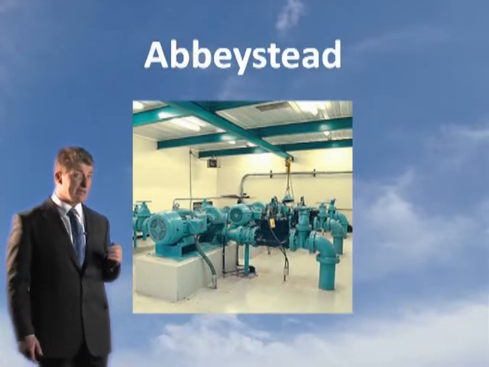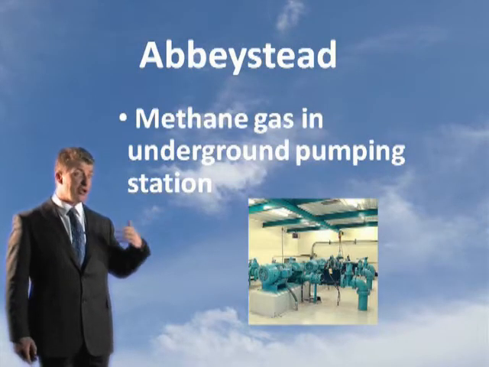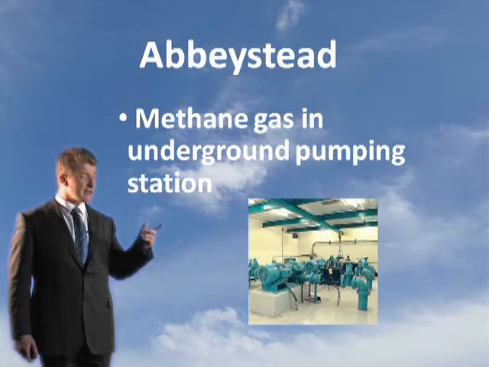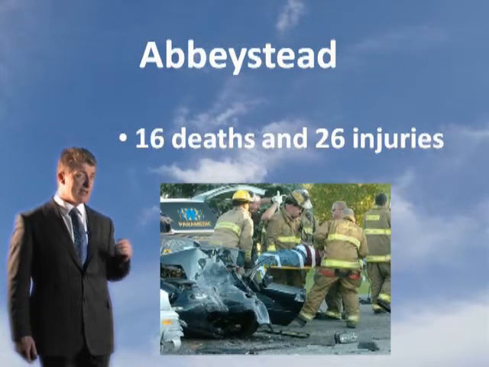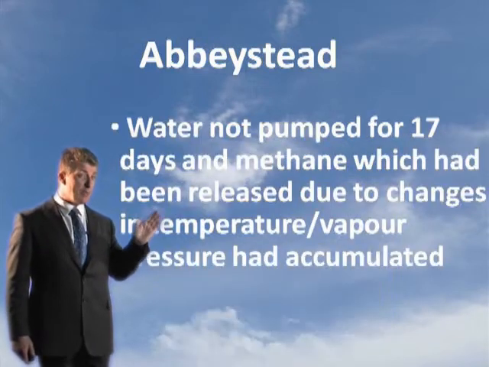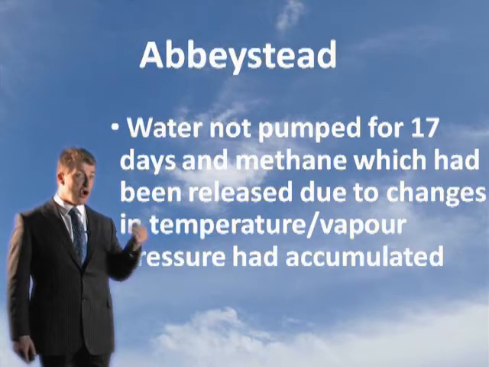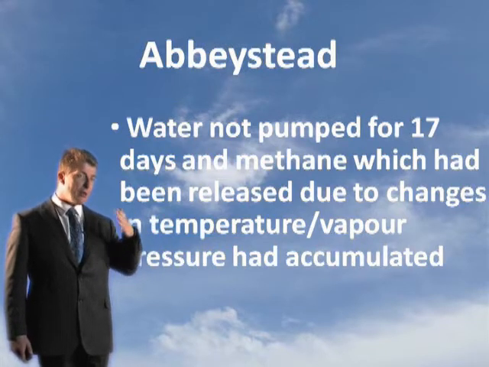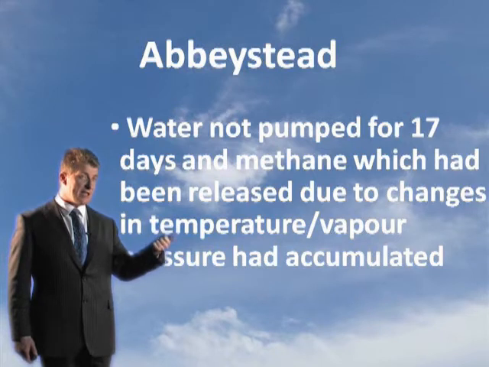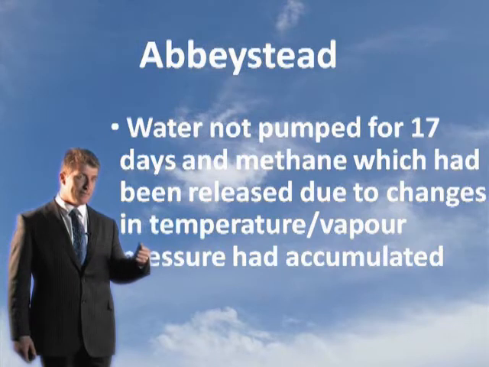An example of a confined vapour cloud explosion is Abbeystead, 1984. Methane gas in an underground pumping station had been accumulating, and it caused 16 deaths and 26 injuries. Water had not been pumped for 17 days in this underground station, and methane had been allowed to accumulate for all these 17 days, and it had got above its LEL, the lower explosive limit.